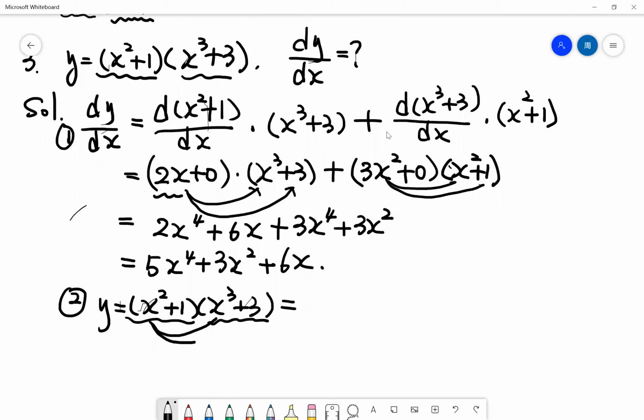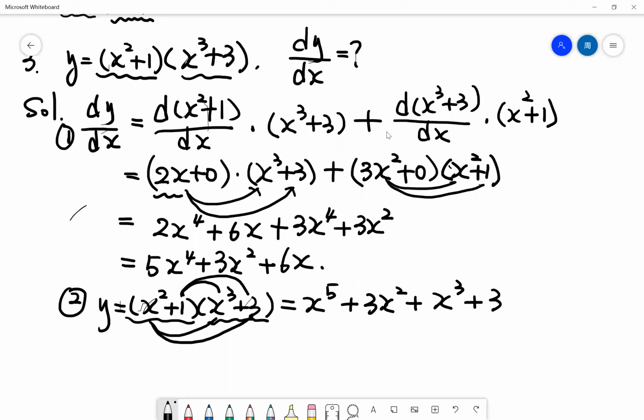Plus x power 2 times 3. So that is x power 5 plus 3x power 2. And then plus here, 1 times x power 3 and plus 1 times 3. So that is x power 3 plus 3, right?